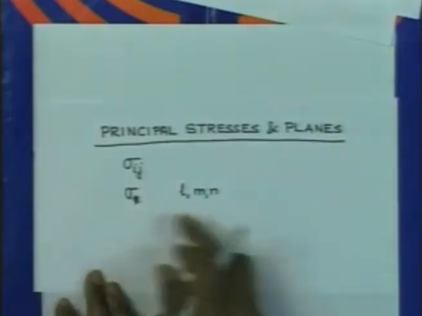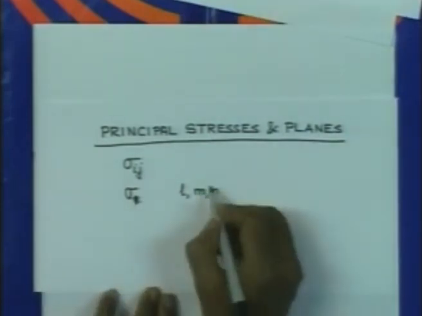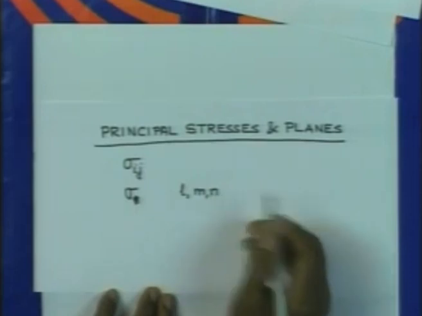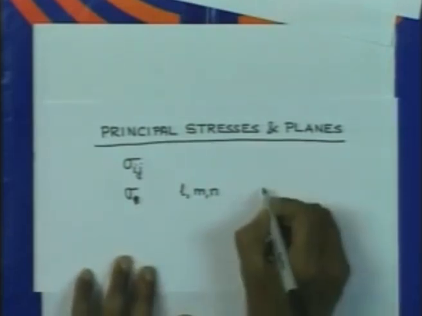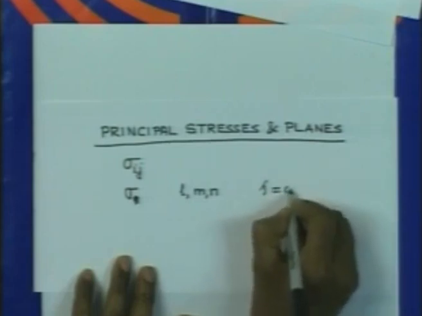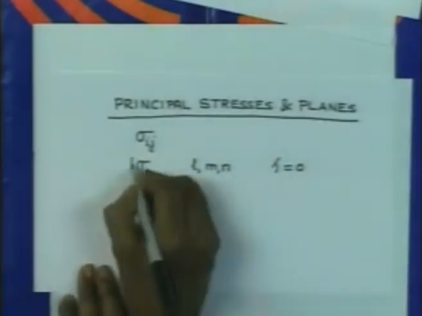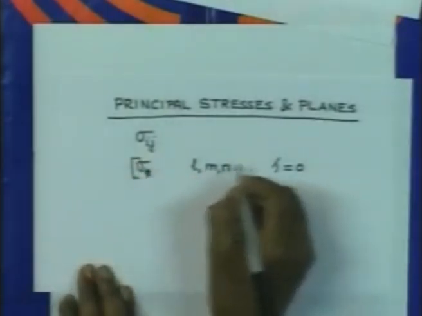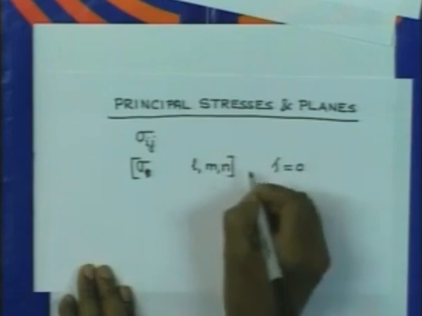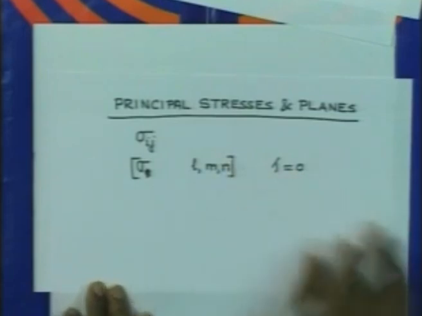So sigma is the principal stress and it is acting on a plane with direction cosines L, M and N, and this plane is such that there is no shear stress. So shear stress on this plane is equal to 0. So we are really interested in determining this set where the shear stress is equal to 0.